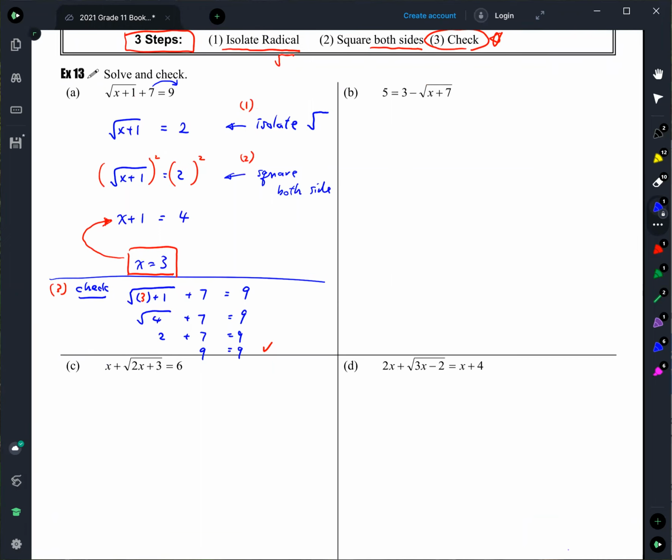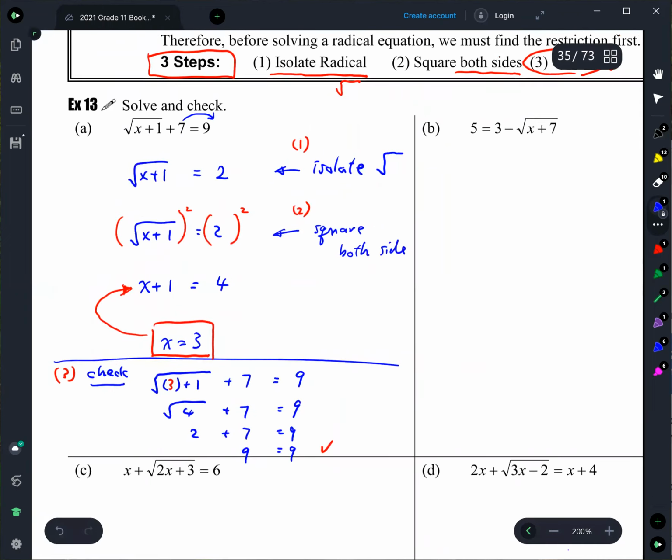Make sure you copy the notes down and raise your hand when you're ready to move on to C. Please raise your hand if you finish writing down all the notes here.